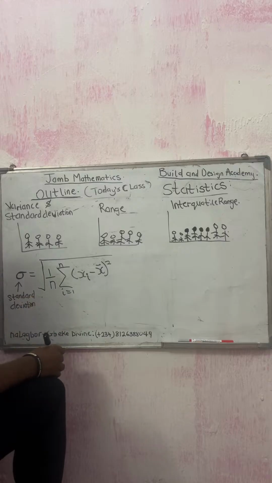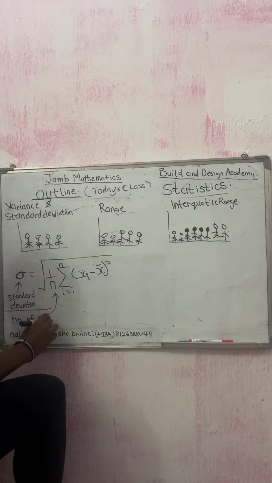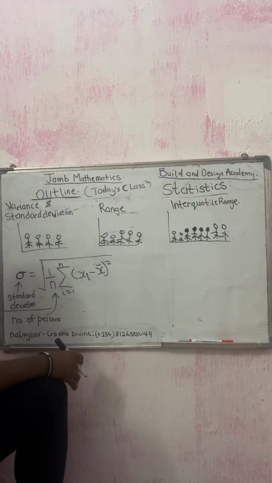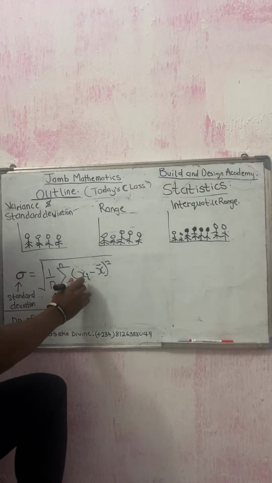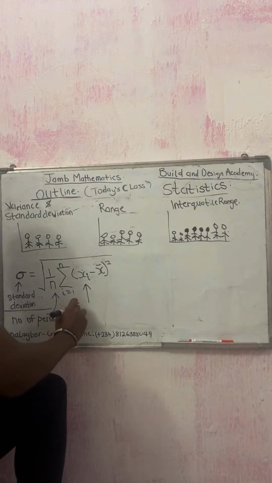That is our standard deviation. This n is our number of persons. This xi is the size of each person.